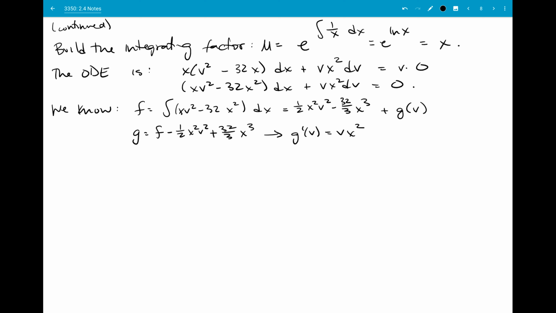And then take the derivative with respect to v of minus 1/2 x squared v squared. That gives us minus 2 over 2 x squared v, so minus x squared v. Plus the derivative with respect to v of 32 over 3 x cubed, but that's just 0. Turns out g prime of v is 0.